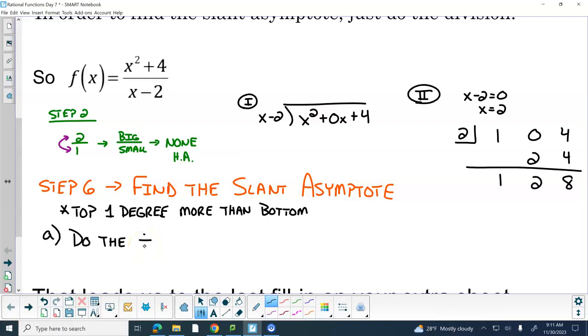That's what we just did, either long ways or short ways. Second thing that we're going to do is we are going to drop the remainder.